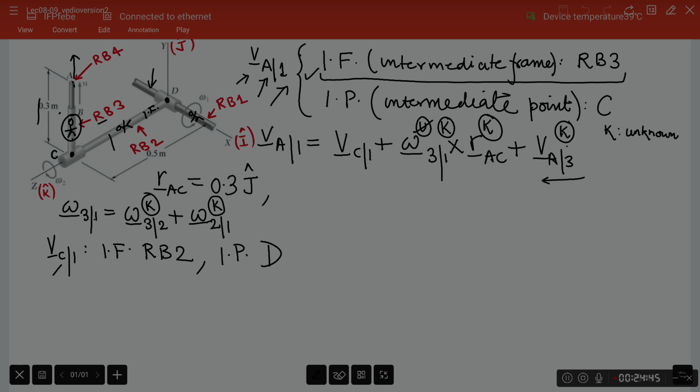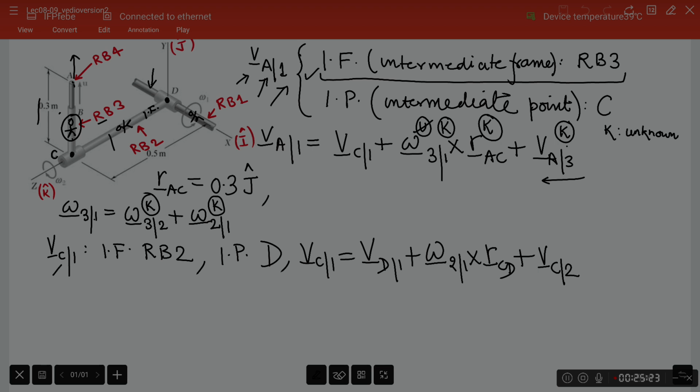Once I make that choice, then I can write Vc1 using the velocity transfer relationship as VD1, omega 21 cross RCD, plus Vc2.